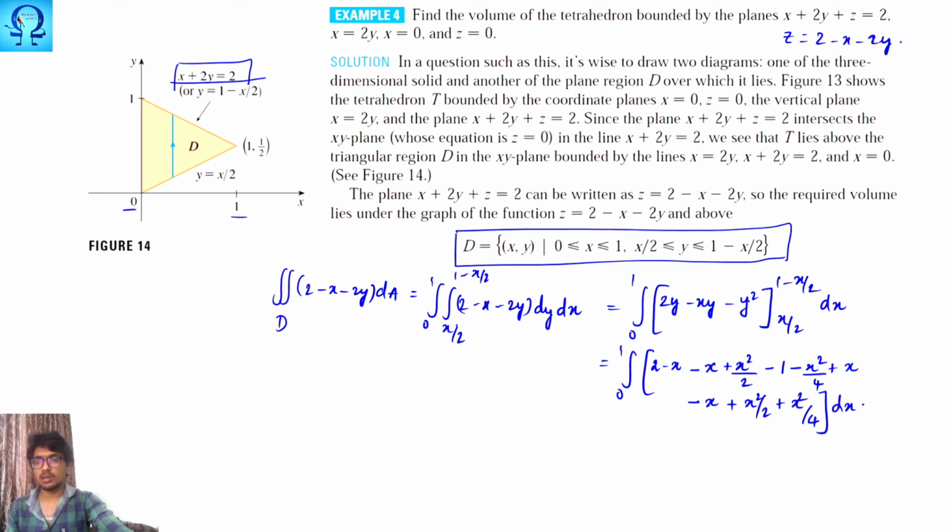If you see here, you can see some terms getting cancelled, and we are left with what? Integral 0 to 1. So 2 minus 1 is 1. You have minus x, again minus x here, so minus 2x plus x squared, actually half times of x squared plus half times of x squared, and that gives you x squared.